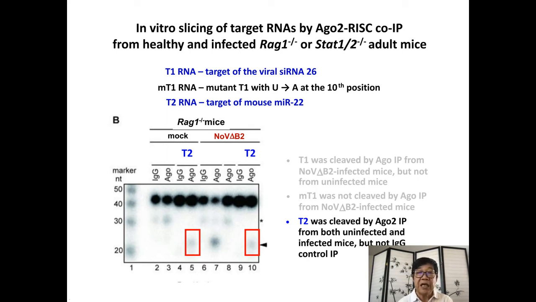So this indicates that microRNA-directed cleavage is not induced or suppressed by viral infection. And this microRNA T2 cleavage was not detected if we use the control IgG, indicating the cleavage is mediated by AGO2.